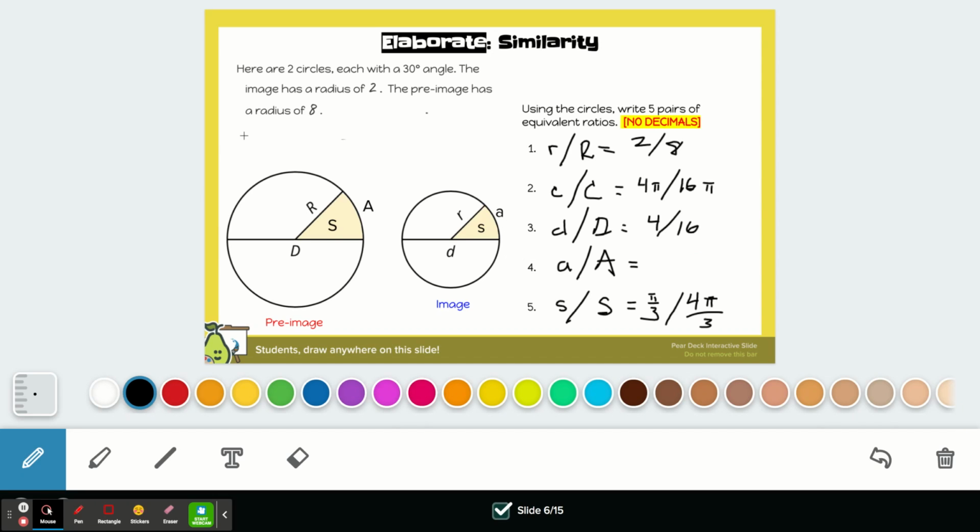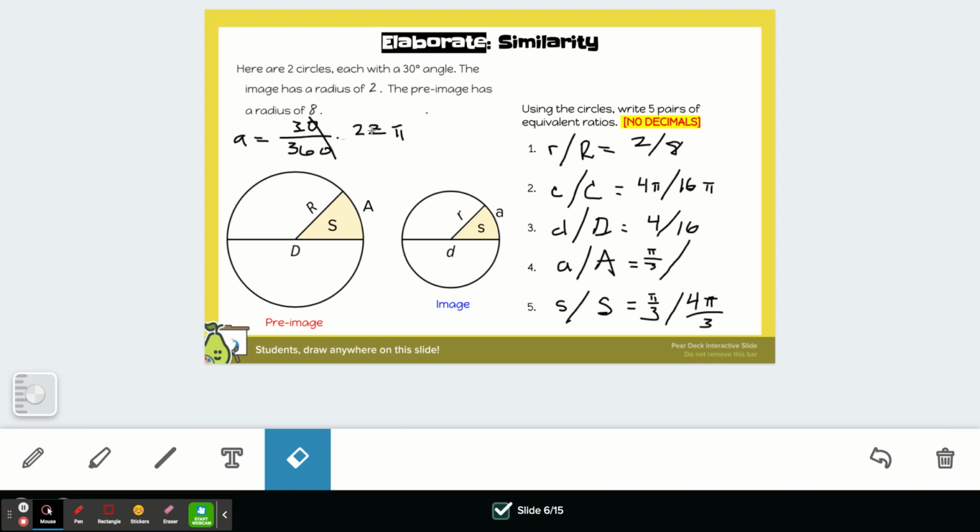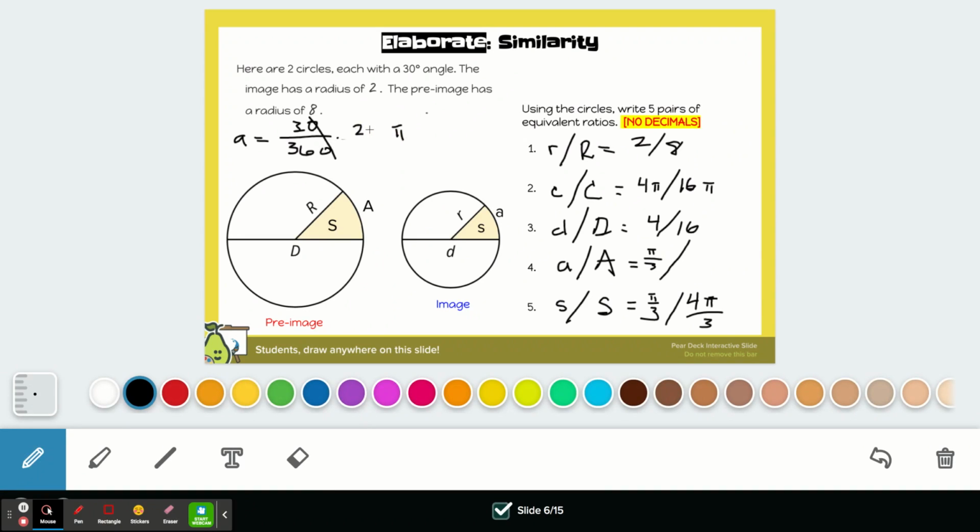Right. So arc length. So our lowercase a will be 30 divided by 360 times 2r pi. Well, my r in this case will be 2. So that's 4 again. The zeros cancel out. So that's 12 over that. So I end up with pi over 3 for this one, right? Now for my capital A, I end up with 2 times 8, right?